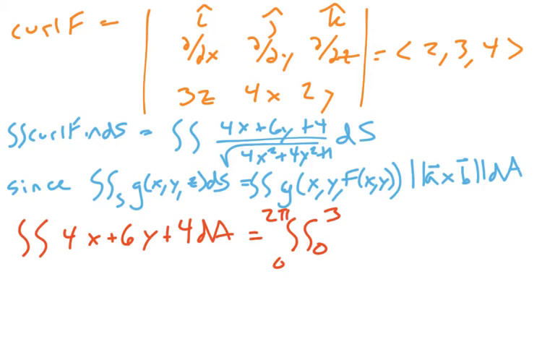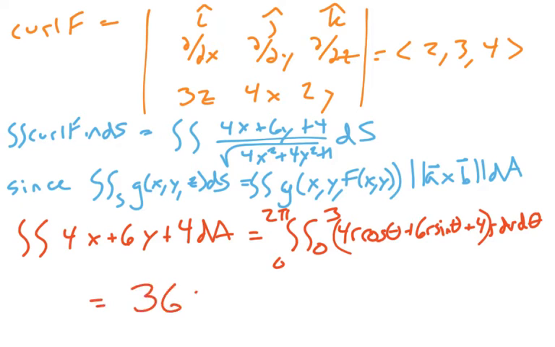We put in r cos theta there, r sine theta there, and then multiply by r dr d theta. It's actually a fairly nice integral, no really weird tricks. You will get 36 pi again.